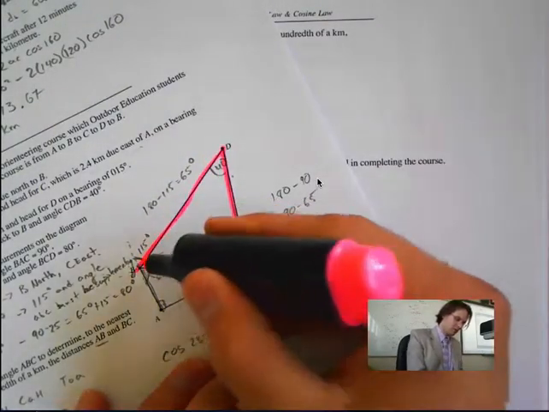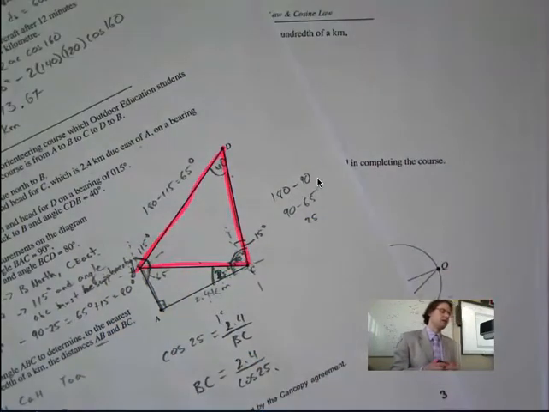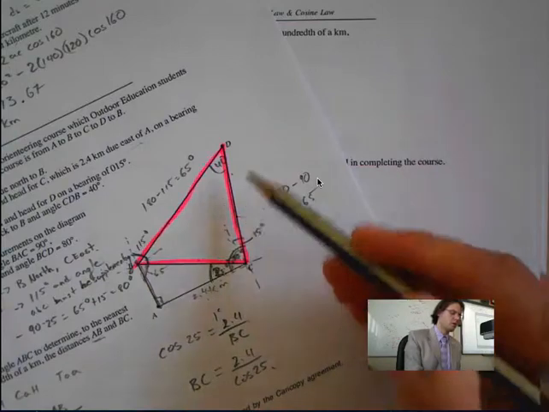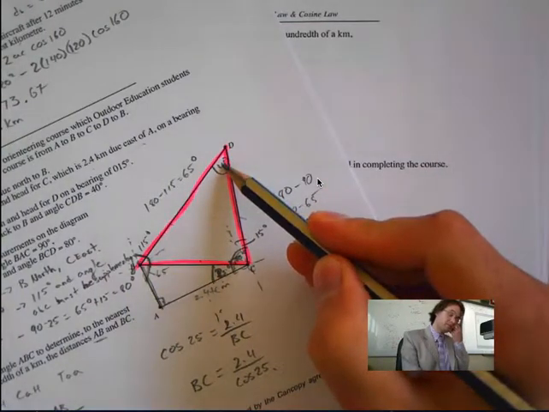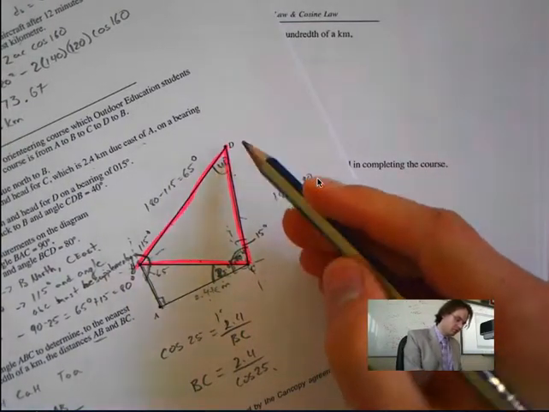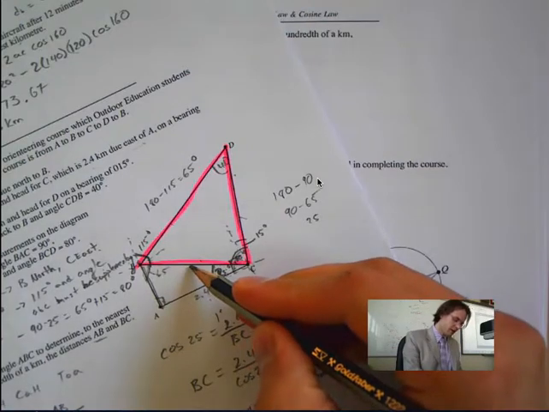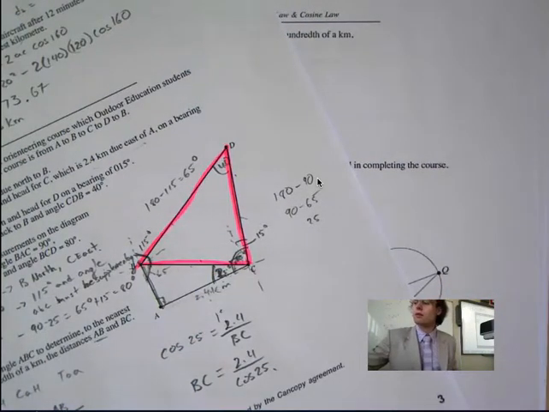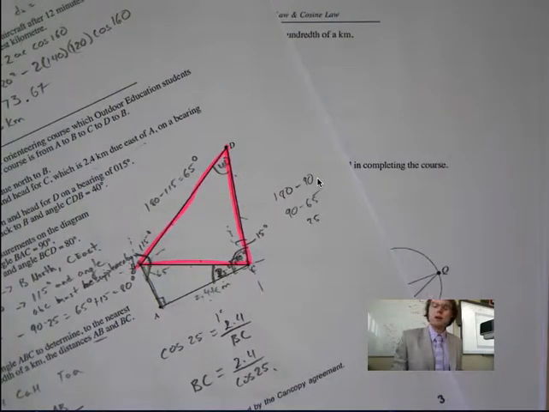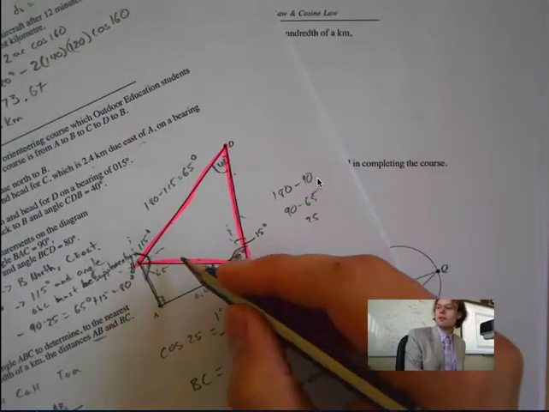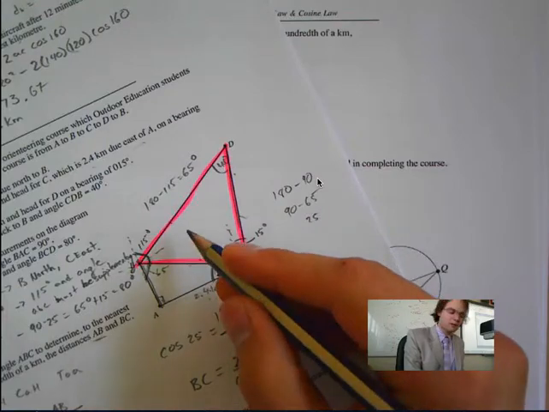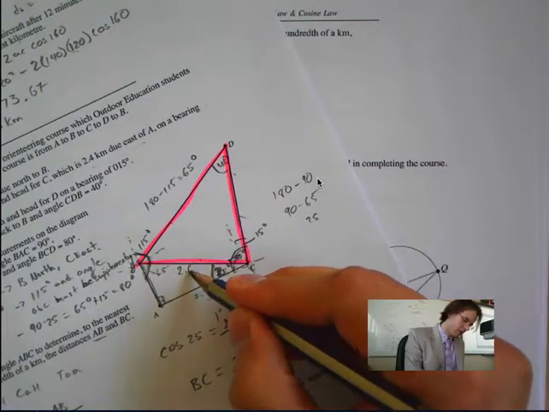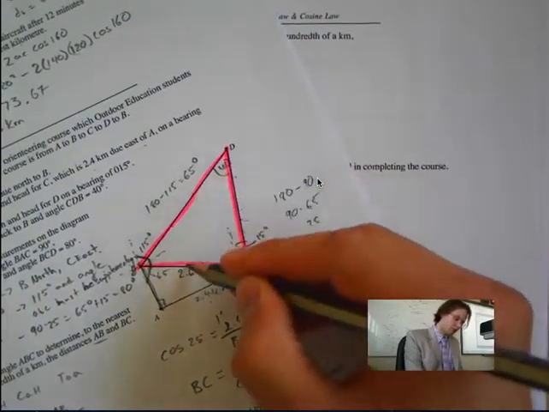In order to do this, we're going to have to look at BCD, that triangle. And the two sides we're trying to find out are this one and this one. We know this angle is 40 degrees. We also know that this side here we found out to be a total of 2.65, I think from before, 2.65. So there's my one ratio.